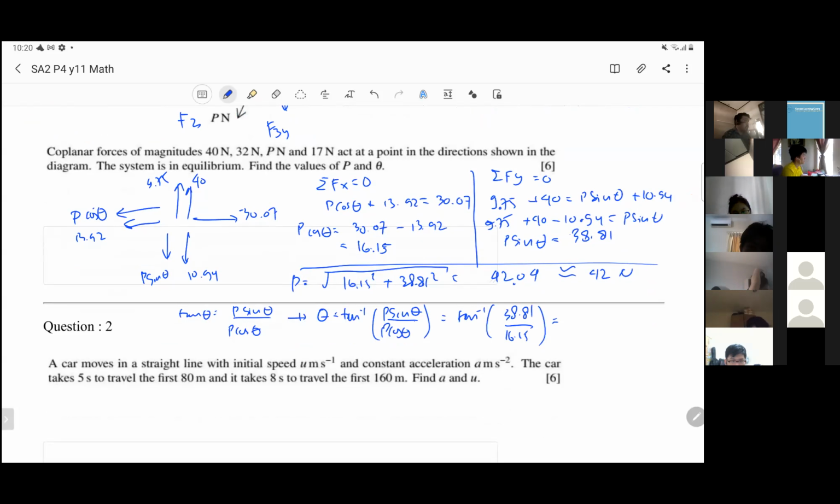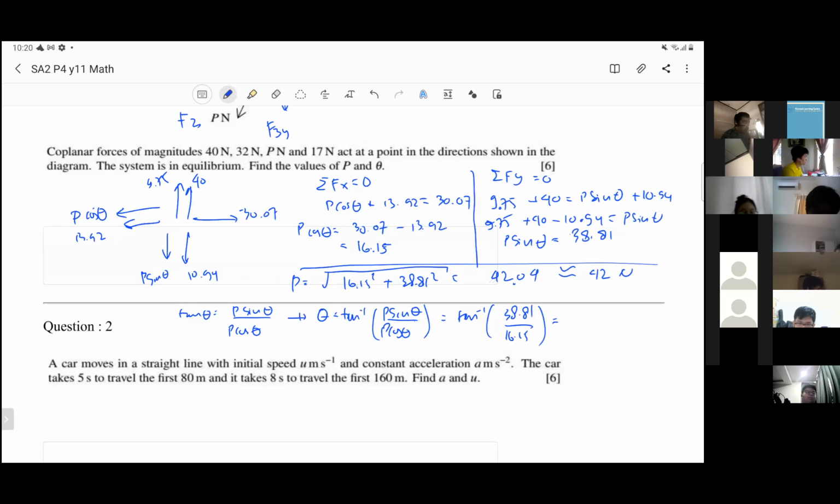Okay, next. Michelle? Hello? Michelle? Is Michelle here? Yeah. 67.4. For the accuracy of angles in degrees, that's going to be 1 decimal place. For radians, that's going to be 4 decimal places.